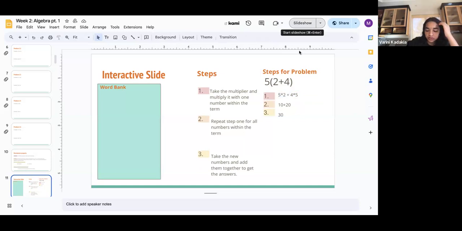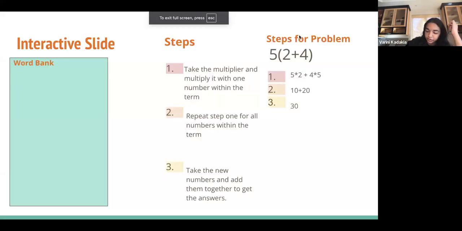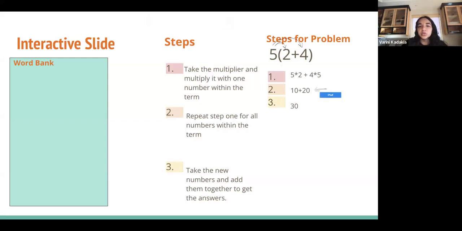So we're basically gonna distribute it in. And then our next step would be to simplify these because we know 5 times 2 will give us 10, and then 4 times 5 will give us 20. And then we'll add them and we'll get 30 as our answer. Does that make sense? This is how you do it.